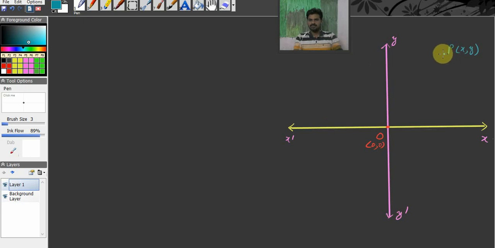Suppose P(x, y) is a point on the old system.